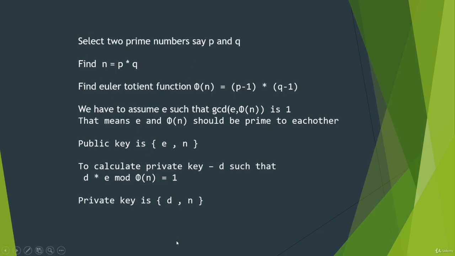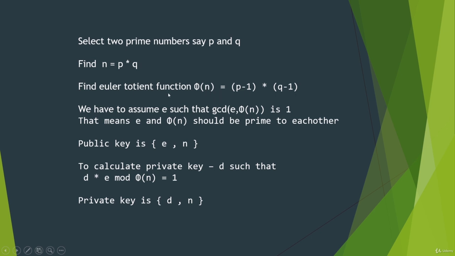So the algorithm is as follows. We first select two prime numbers, say p and q, and we find the n value, n equals p into q, the multiplication of those two prime numbers. Next we find the Euler totient function, phi of n. Phi of n is defined by (p minus 1) into (q minus 1).